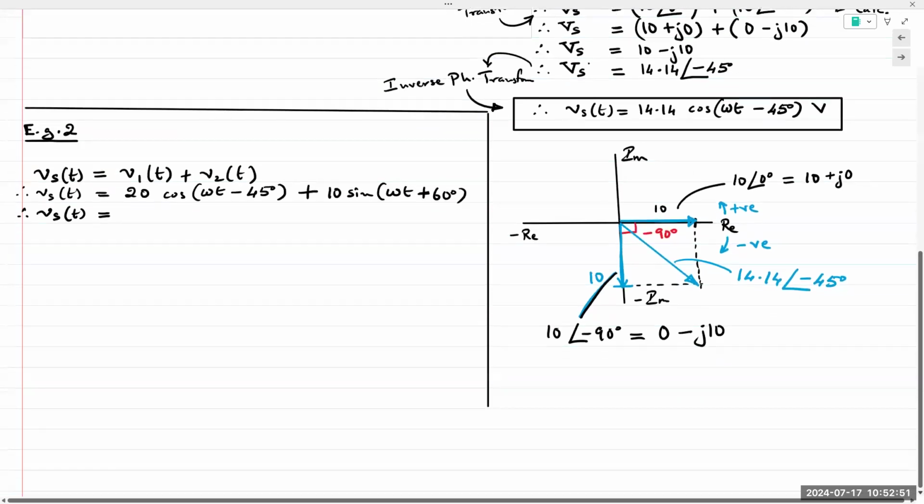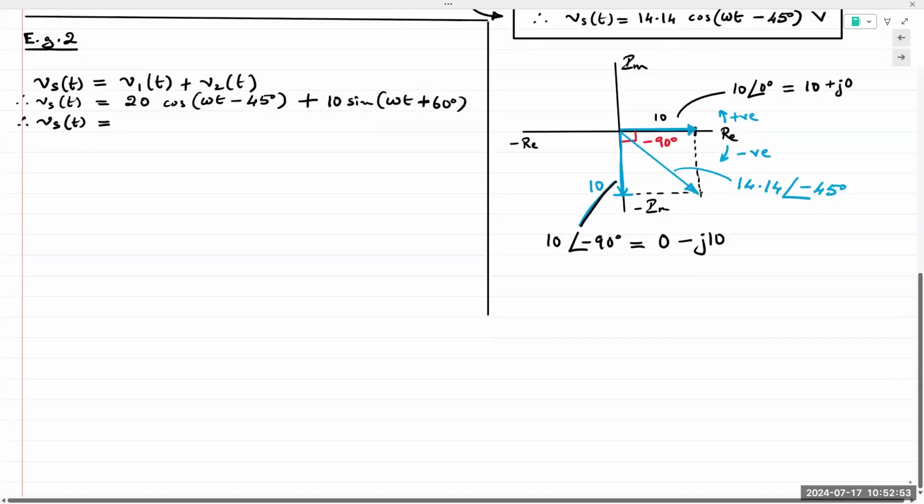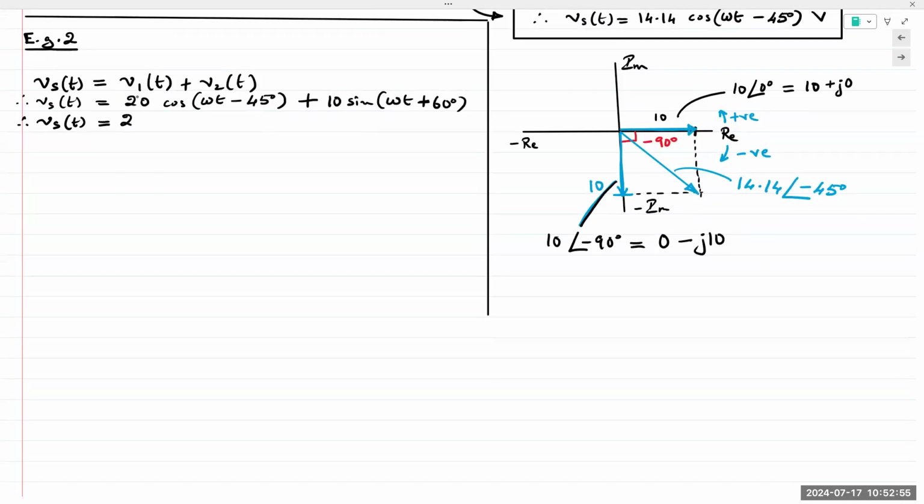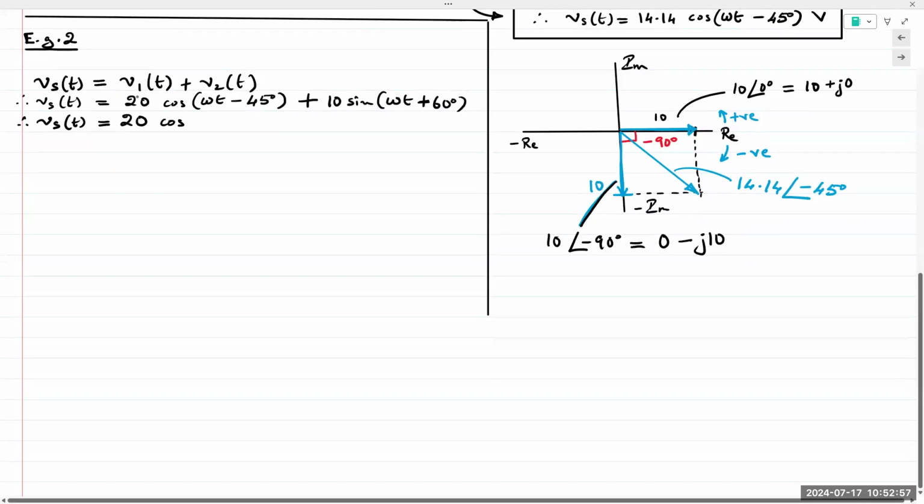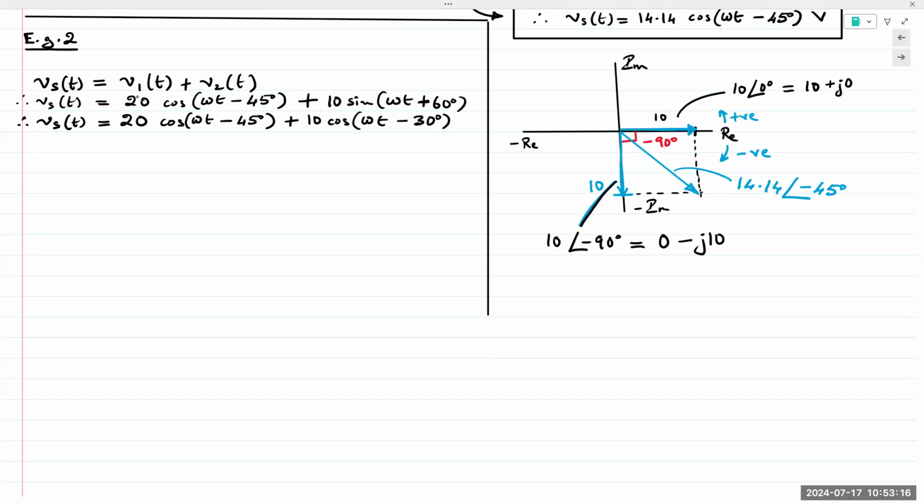So we'll use sine x equals cos of x minus 90. So 20 cos(omega t minus 45) remains as it is, and this becomes 10 cos(omega t minus 30 degrees).